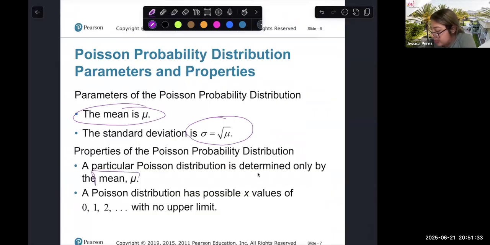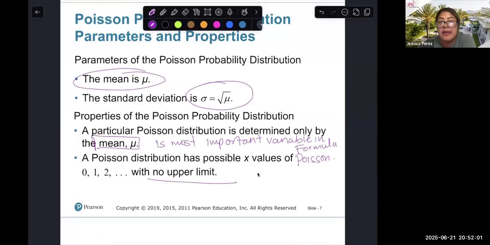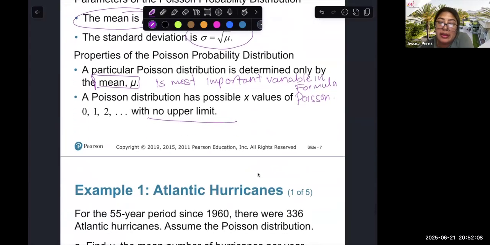So the mean is the most important variable in the formula for Poisson. A Poisson distribution has possible x values 0, 1, 2, and so on, with no upper limit. So you don't have an upper limit for x.